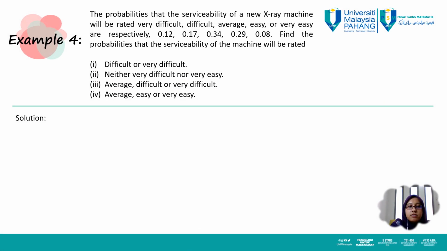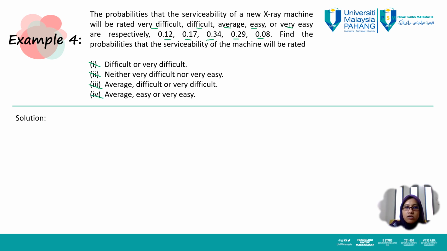Alright, so let's discuss this example. The probabilities that the serviceability of a new X-ray machine will be rated very difficult, difficult, average, easy or very easy, are respectively 0.12, 0.17, 0.34, 0.29, 0.08. So find the probability that the serviceability of the machine will be rated difficult or very difficult, neither very difficult nor very easy, average, difficult or very difficult, and average, easy or very easy.